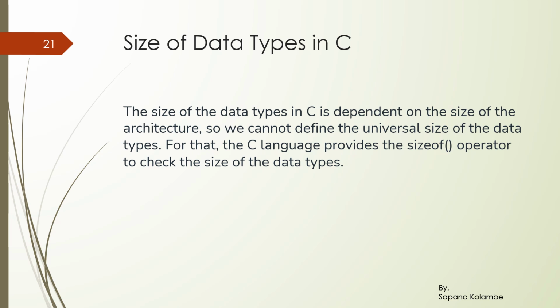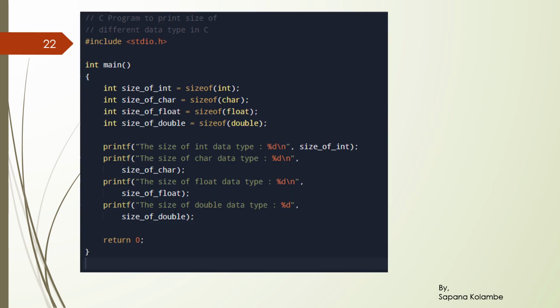Generally, it is a unary operator, meaning only one operand is required for it, and at compile time it will be executed, defining the size of the variable or any pointer or array you are using. So this is nothing but the sizeof operator.